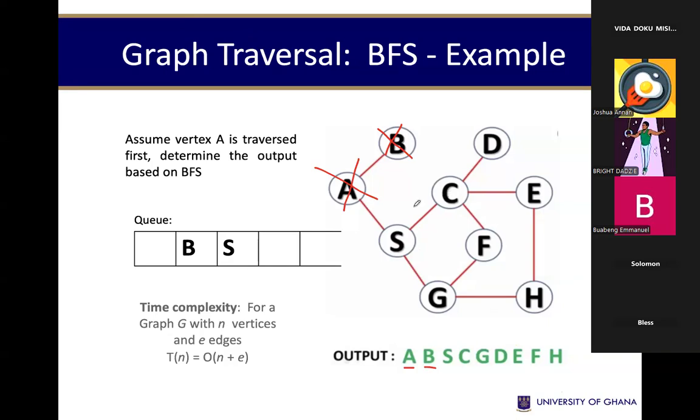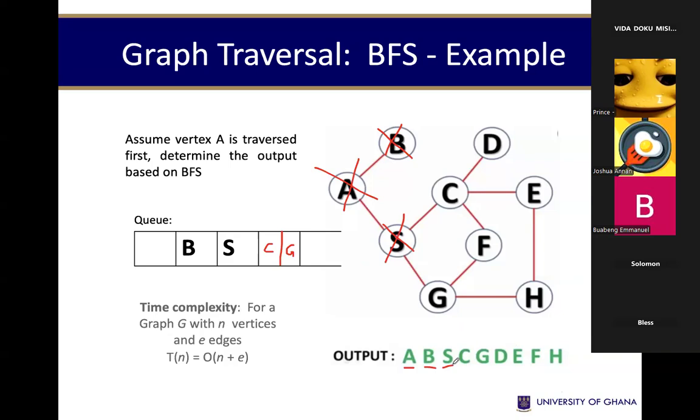So now C goes to the back of the queue. Then J also goes to the back of the queue. Then I serve S. That means that S is outputted. Guys, we good? Yes, sir. Very good.